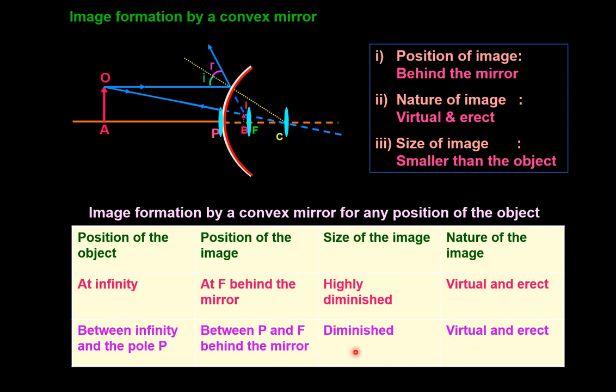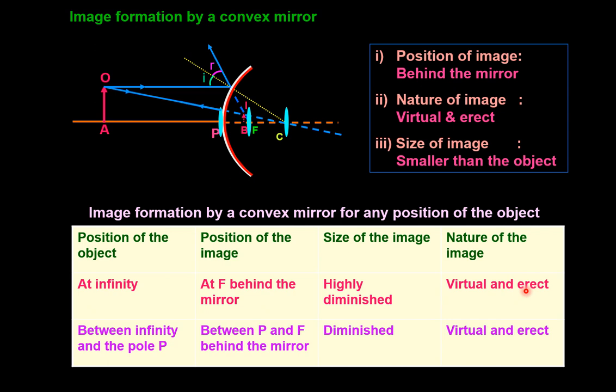Here, in both cases the image formed will be diminished, that is, the size of the image will always be lesser than the size of the object. But in the question the requirement is that the image should be virtual, erect, and magnified. So that's why we have to go for a concave mirror. We cannot use a convex mirror.